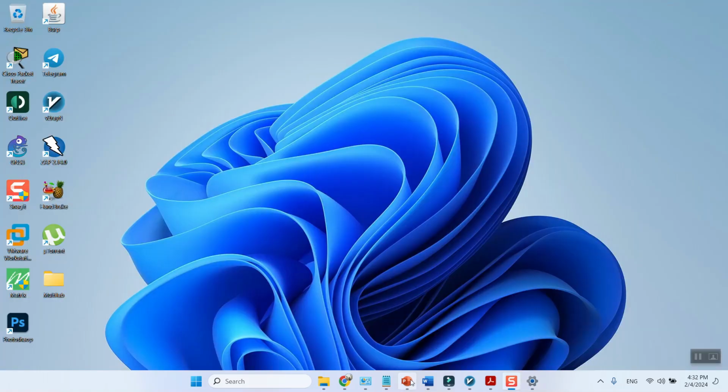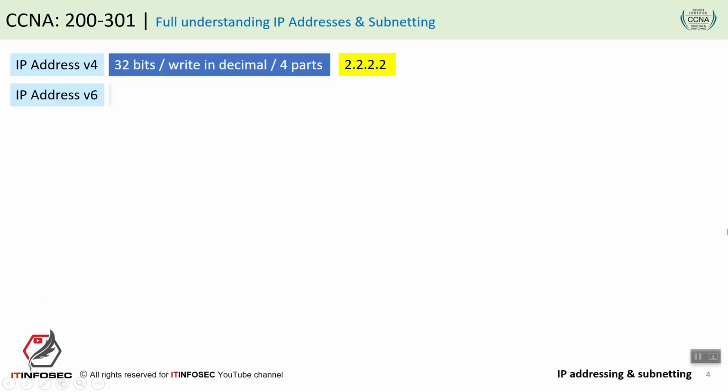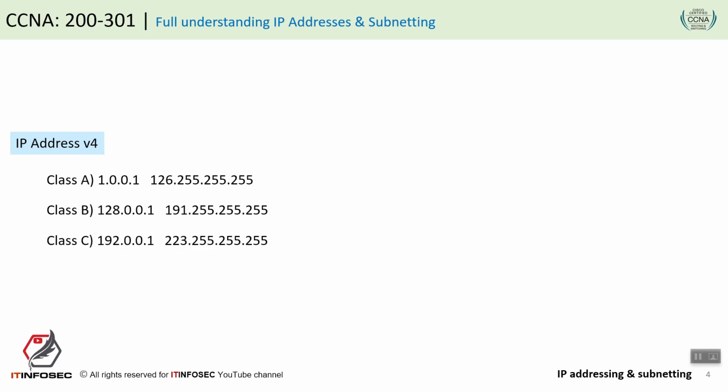Okay, return to the slide. Class A, class B, class C, class D. Keep in mind, each of these classes is just defined to simplify your IP address assignment. It is not important which class you select for addressing the computers in your network.